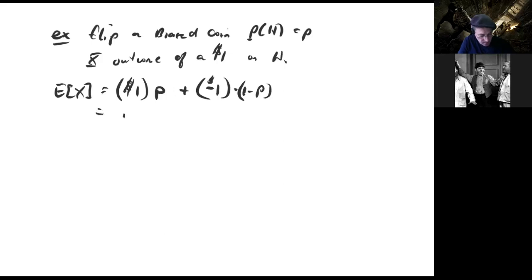You're going to get p plus p minus 1, which is 2p minus 1, in dollars. That's the expected value. So for example, if p is a half, you get 0. But if p is 2/3, twice as likely to land on heads as on tails, then you get 4/3 minus 1, which is 1/3. So that's your expected value.